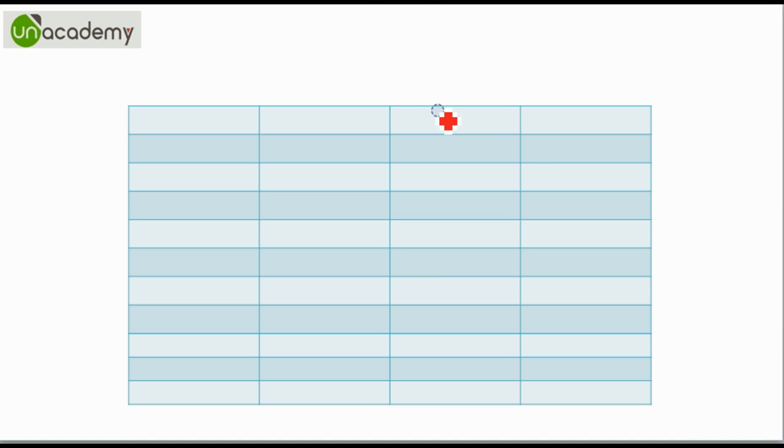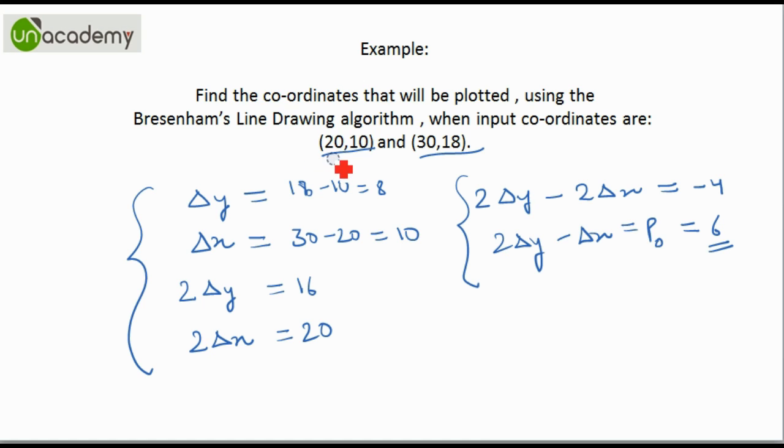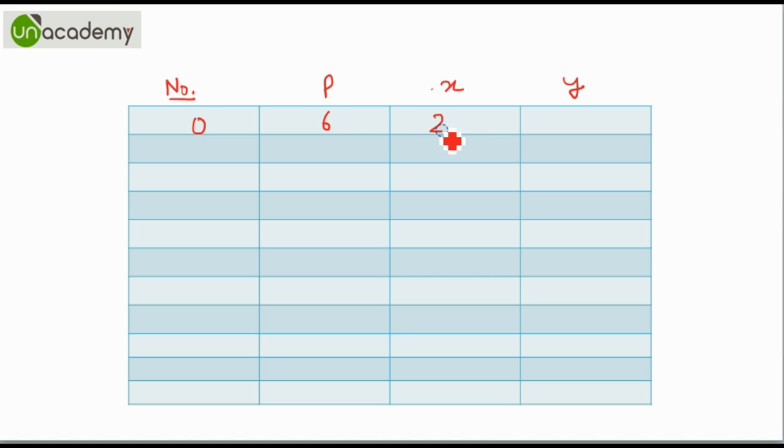So here we have a table. We will mark it as x, y, p and the iteration number. So at the first 0th iteration we have the initial p value as 6 and the point plotted will be the initial point, that is 20,10. Remember that we are plotting from 20,10 to 30,18.